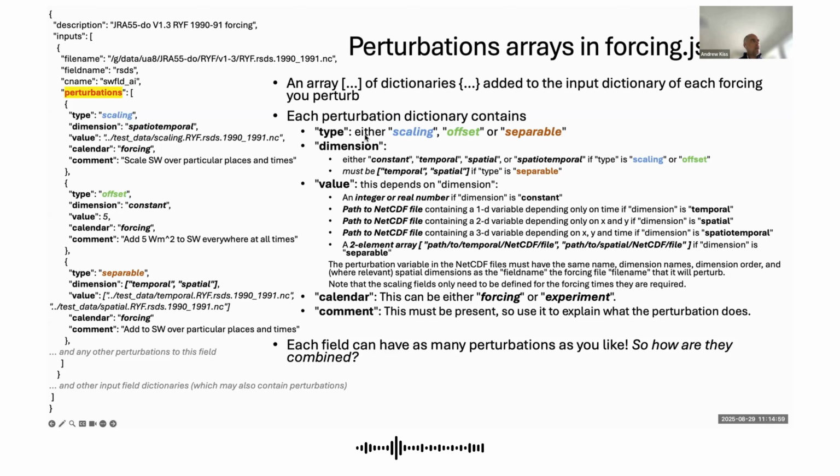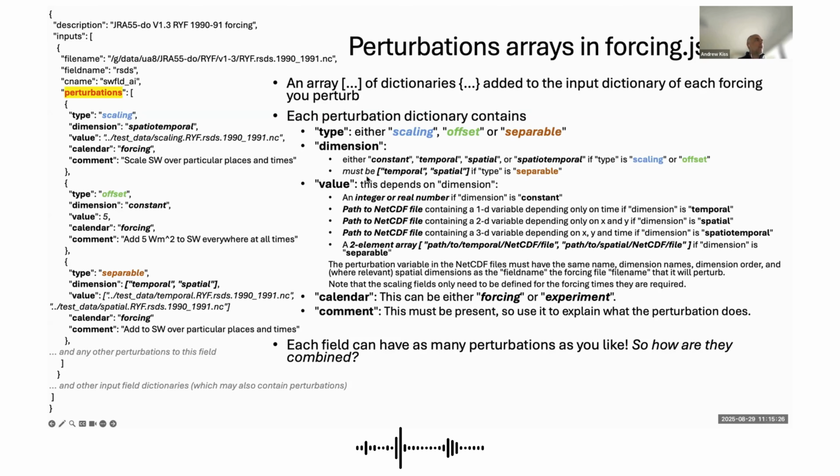They have a type, which might be a scaling, an offset, or a separable type, which I'll explain. It has a dimension, which specifies whether it's constant in space and time, or temporal, that is constant in space but varying only in time, spatial, which is the opposite, constant in time but only varying in space, or spatiotemporal, which is a full space-time variation.